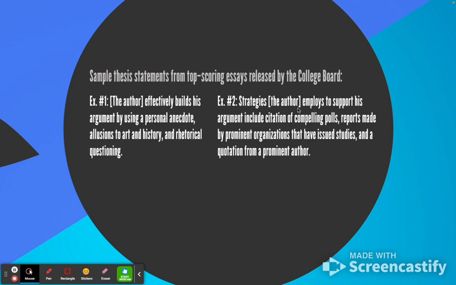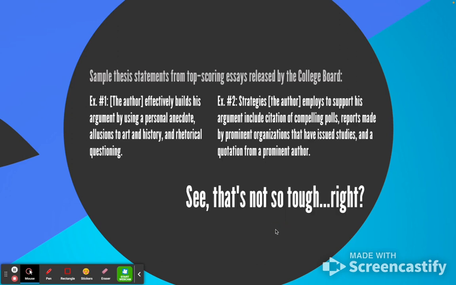Example number 2, strategies the author employs to support his argument include citation of compelling polls, reports made by prominent organizations that have issued studies, and a quotation from a prominent author. Again, they're giving you 3 rhetorical devices, and in brackets where it says author, they would have put that person's name. Not so tough, right?